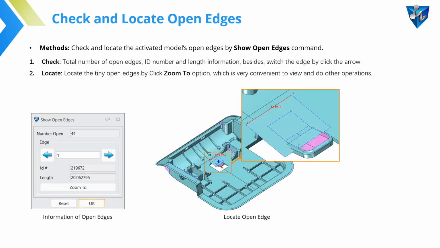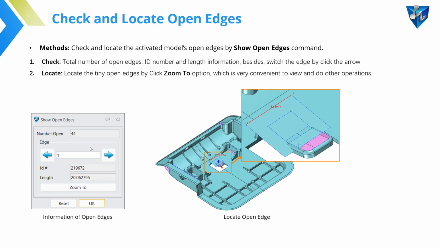Alright, now let's check and locate open edges. As we know, no matter where and what the broken area is, the broken area surely has open edges. Therefore, checking and locating the open edges is an important task. So, in ZW3D, we have a function called Show Open Edges, as shown in the picture below.